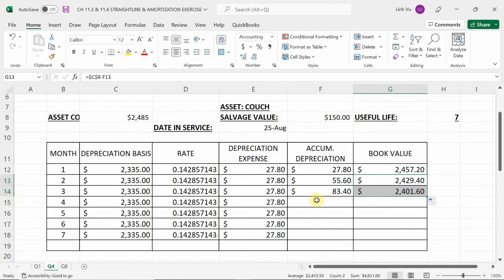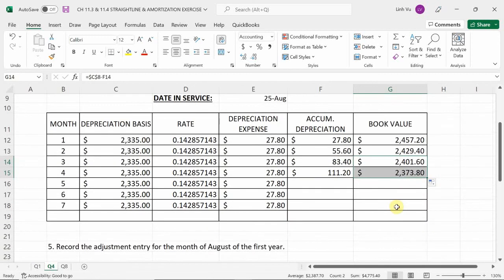Good. So what's my accumulated depreciation for the 4th month? $111.20. Good. So my book value will be $2,373.80. Yes, and 80 cents.